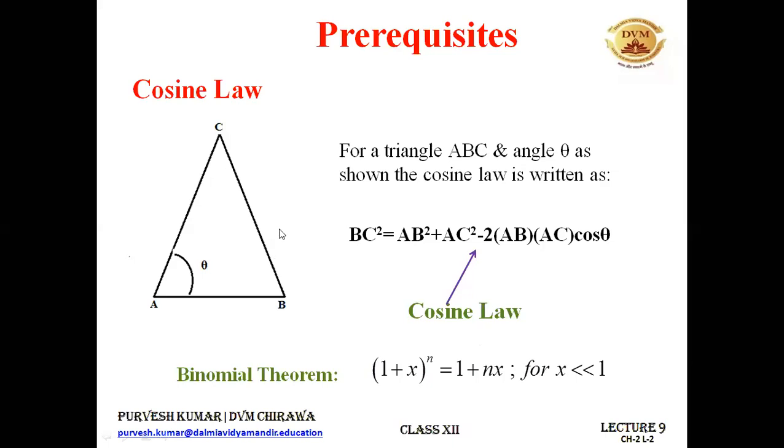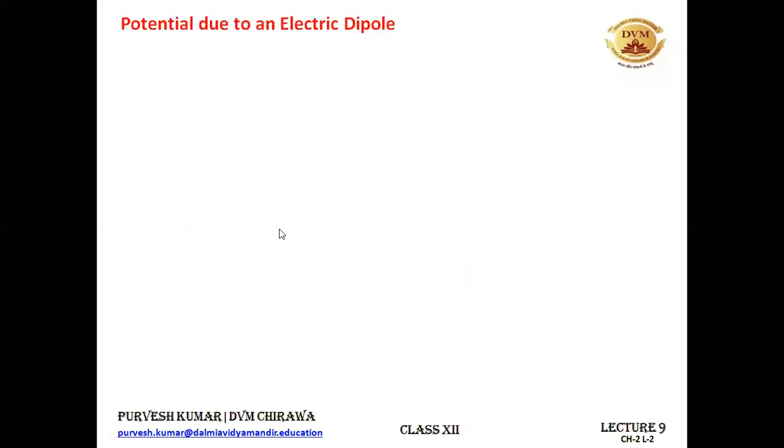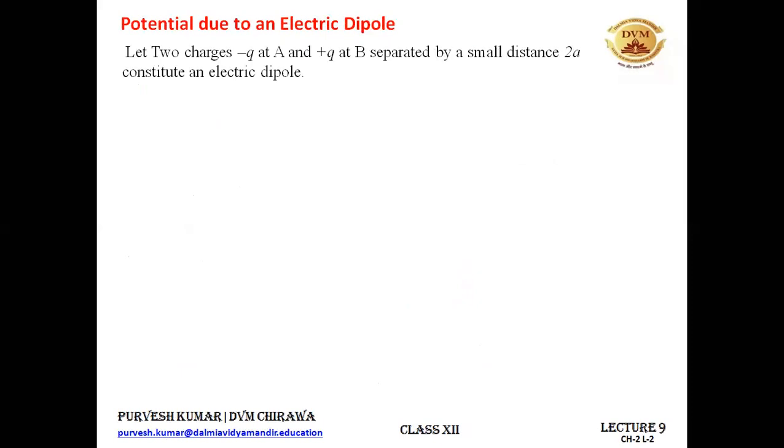That is the electric potential due to an electric dipole. All right. So we need to find the potential due to an electric dipole. We all know what an electric dipole is: two equal and opposite charges, if they are separated by some small distance, will make an electric dipole.